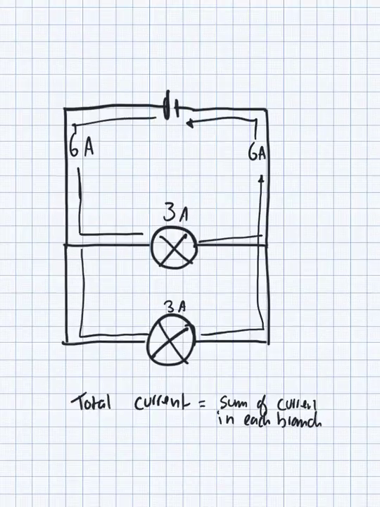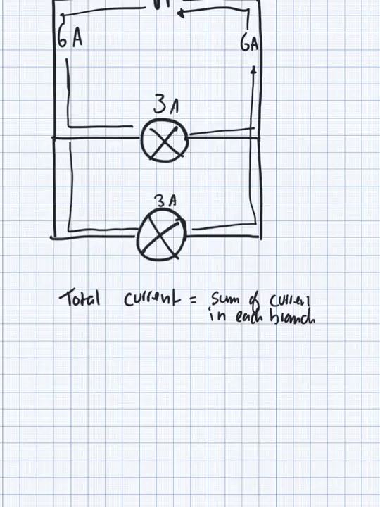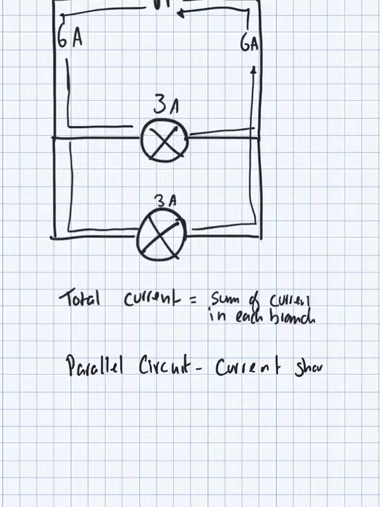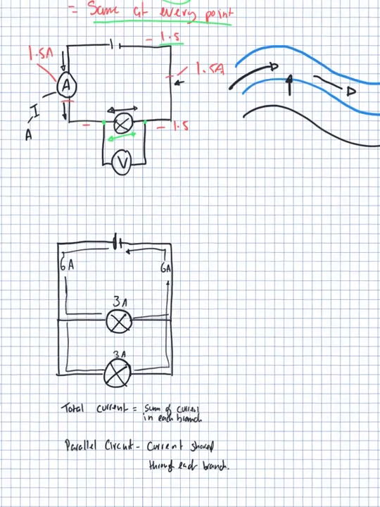So the way that we looked at it in class was, we said that in a parallel circuit, current is shared through each branch. So come back to another water analogy.